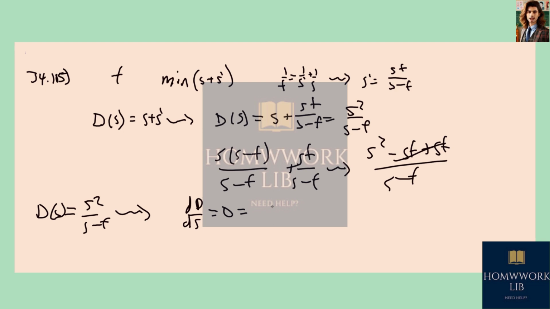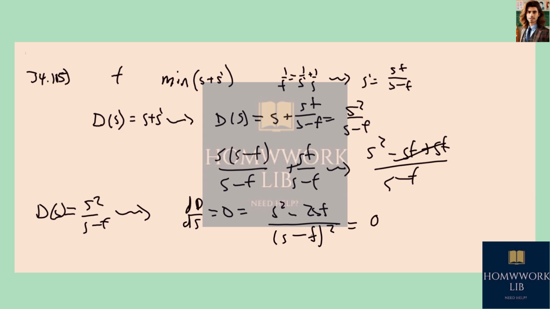The quotient rule is the derivative of the bottom times the top, minus the derivative of the top times the bottom, which gives us s squared minus 2sf, all over the bottom squared. Cool. So this is our derivative function.